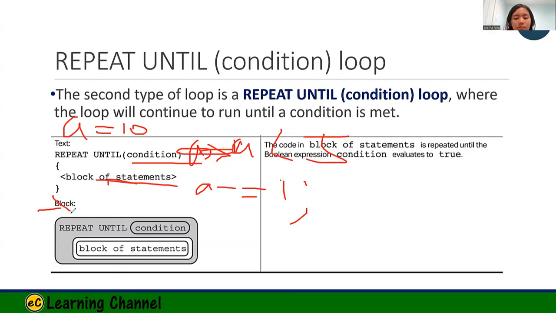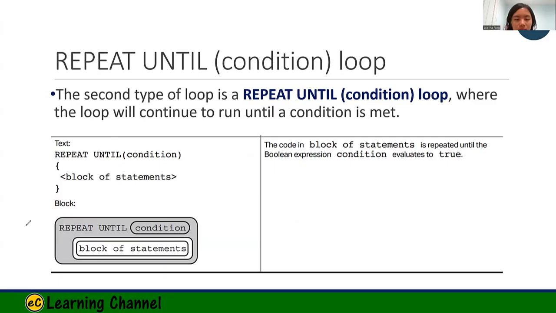So right here you will guarantee A less than 5, so A will be equal to 4 when you do this loop. You use this repeat until loop because when A equals 5, you will continue, since your condition is A less than 5. So when you get out of the loop, it means that A less than 5 has been met. So you will have A equals 4, okay? So this is repeat until condition.